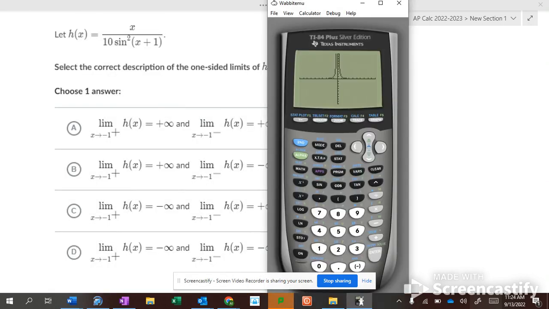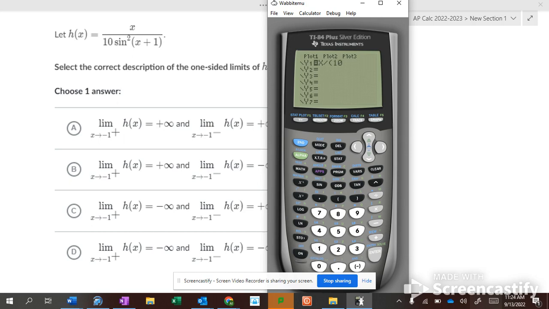And there it is. So I go y equals, clear out what's in there, and go x divided by, and then I have to use parentheses. If there are complicated items in either the numerator or denominator, you have to put them in parentheses, so it's not just dividing the first thing, it's dividing everything.